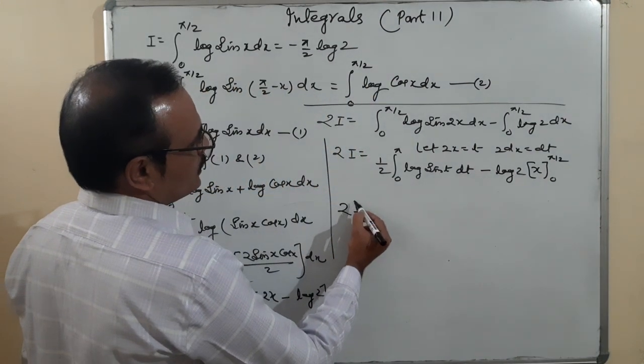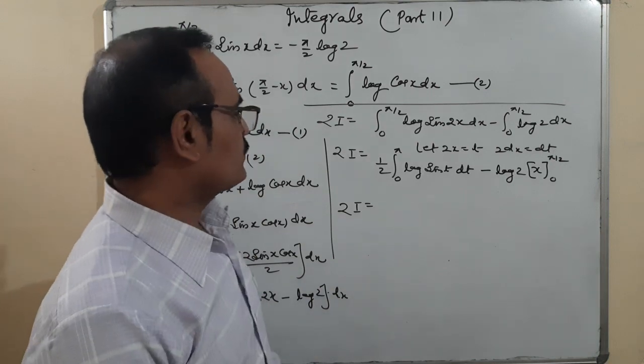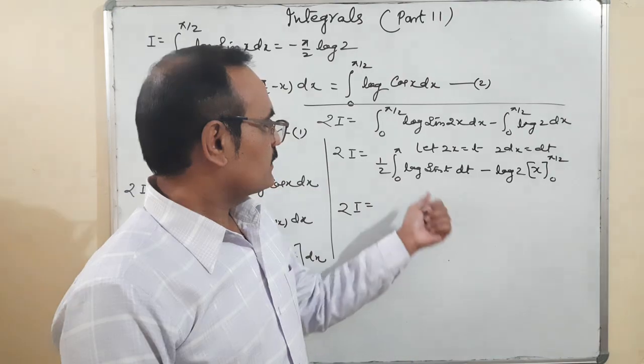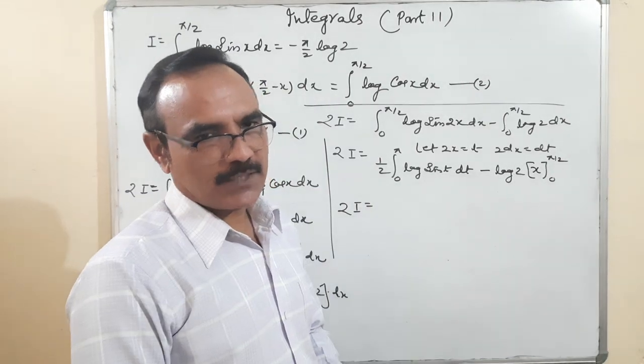Therefore 2I is equal to, now here you can see the integral from 0 to pi of log sin t dt. This is an even function. How can we say it is an even function?